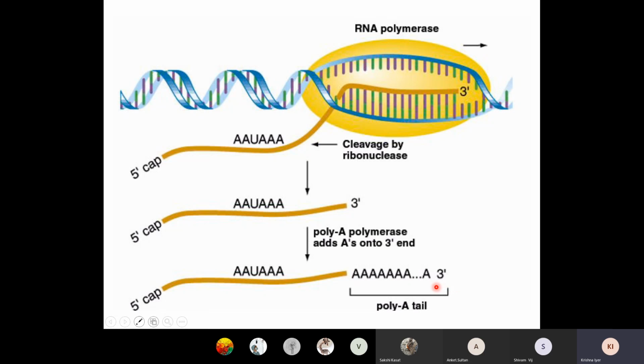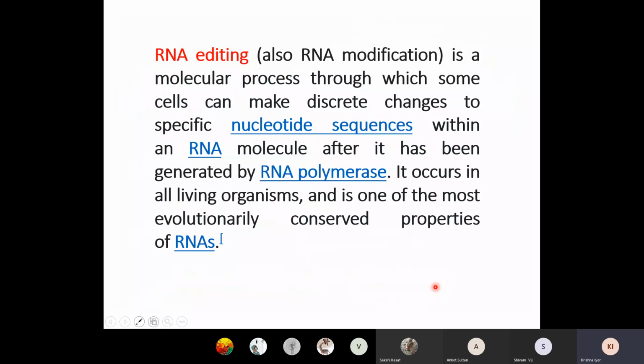We stopped here and we said that the next modification is what is called RNA editing. This is also very interesting, and it's very unique in that in almost all living organisms, this is one of the evolutionarily conserved properties of RNAs. So what is RNA editing?